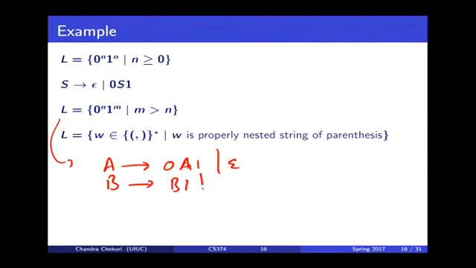What does this generate? 1 plus. Now S goes to AB. It's a modular way of designing the grammar. Is that good or not good?